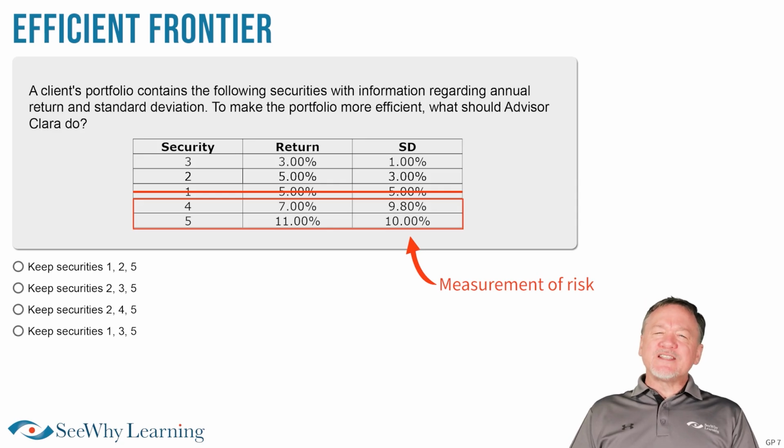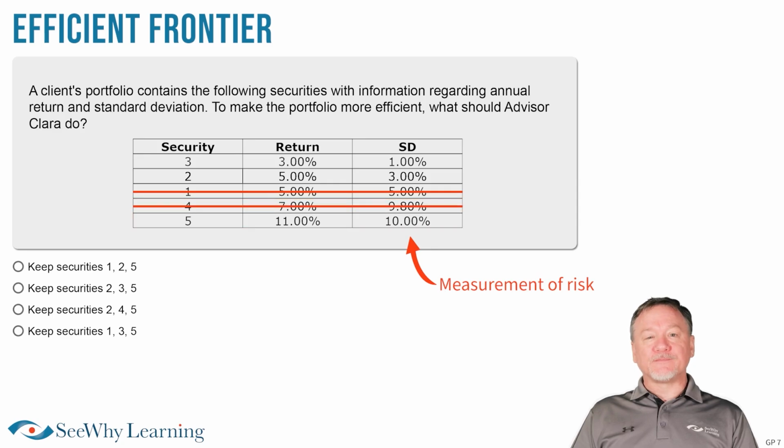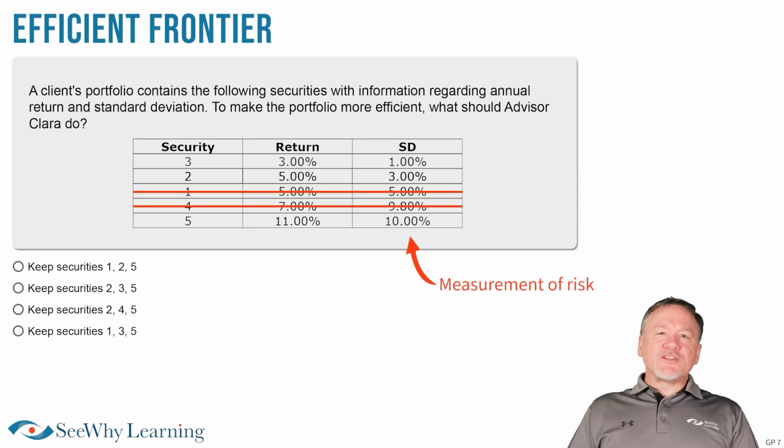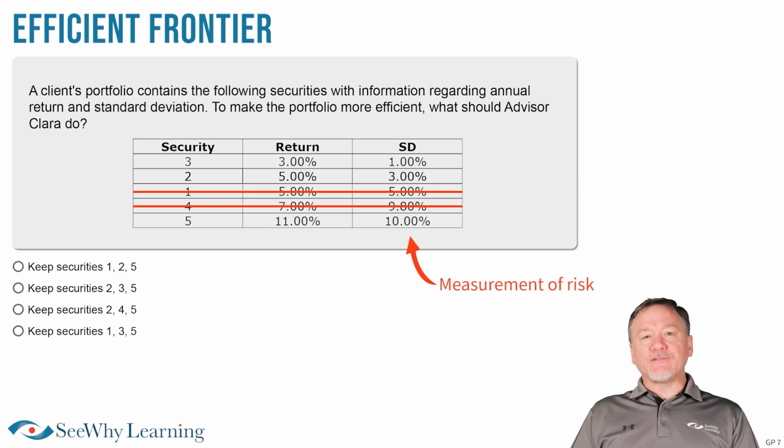Security 5 is only slightly riskier than Security 4, but it provides an extra 4% in expected return. So with this in mind, we should eliminate Security 4. So if we can eliminate Securities 1 and 4, this means that we should keep Securities 2, 3, and 5. So let's select that answer, and yes, we're correct.